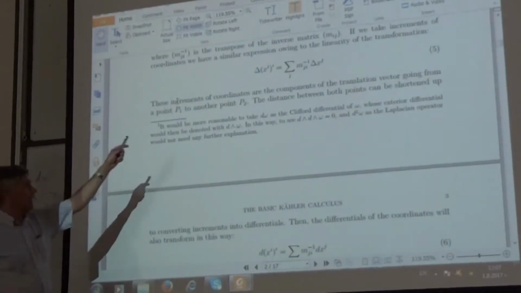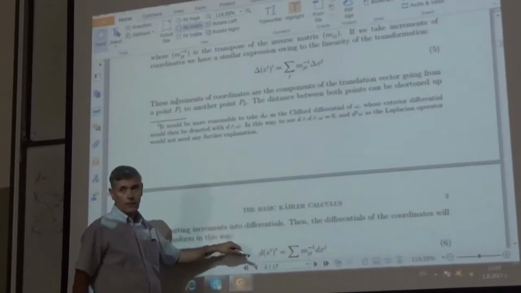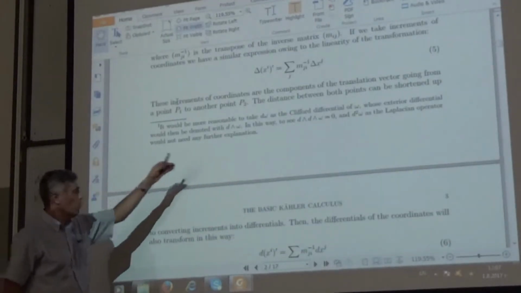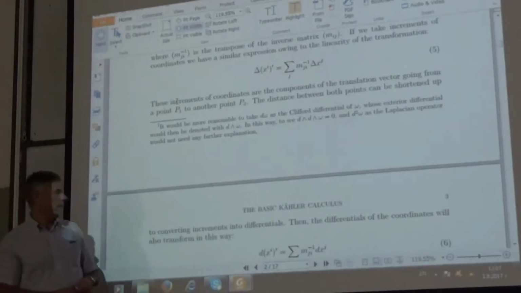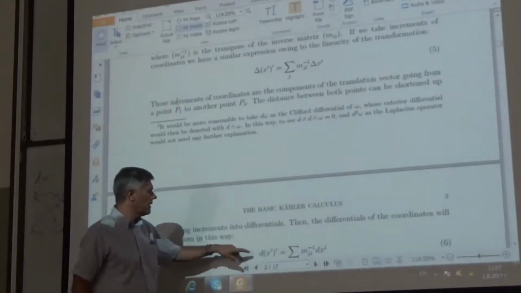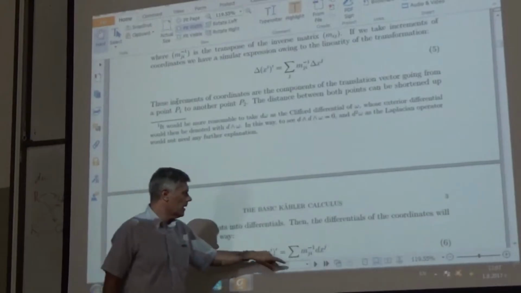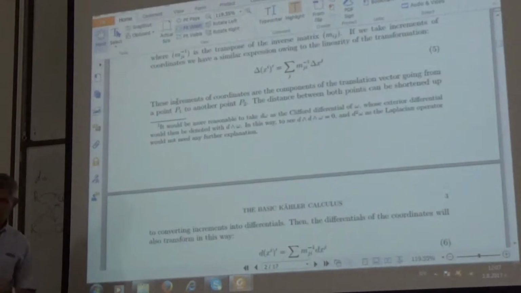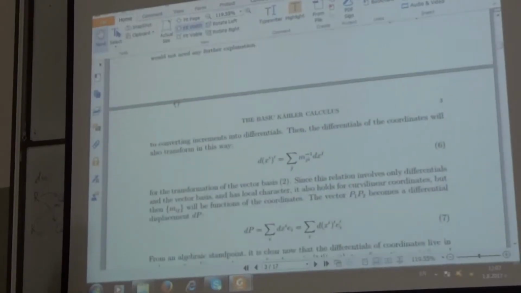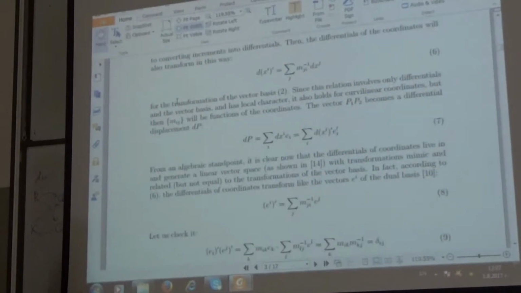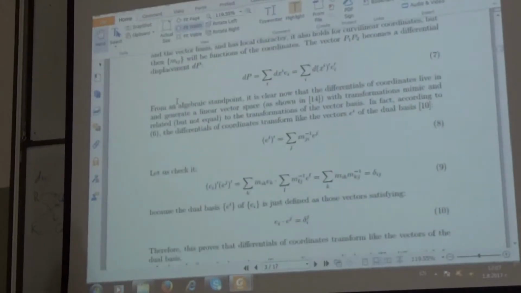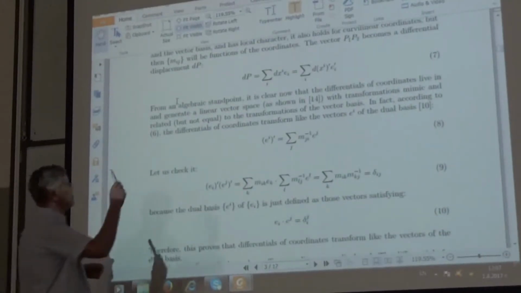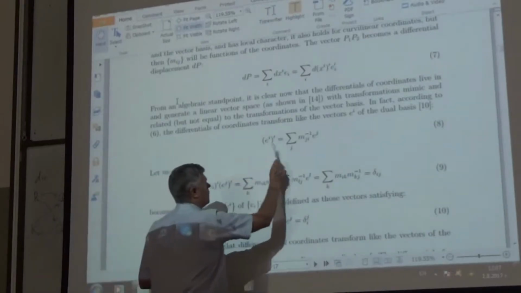And from here to pass to differentials is a small step, but the transformation is the same. So differentials of the coordinates are transformed according to the entries of the inverse matrix of the transformation of the vectors of the basis. This means that they are transformed in the same way as the vectors of the dual basis. Okay? Differentials are transformed as the vectors of the dual basis.